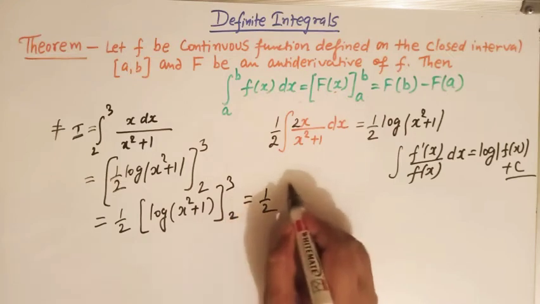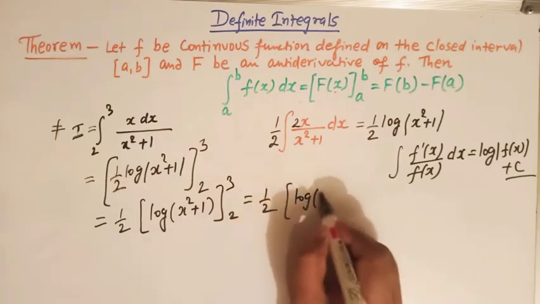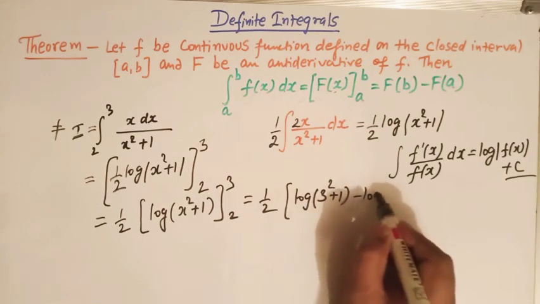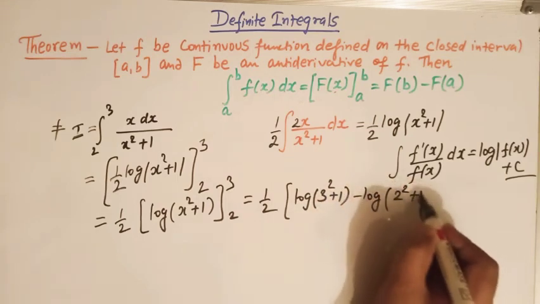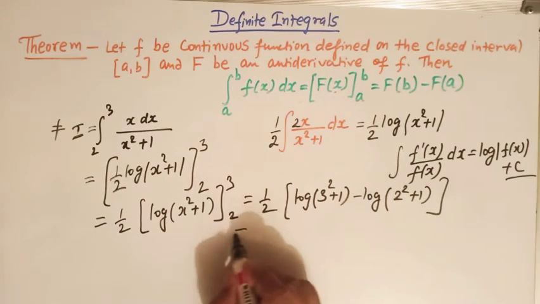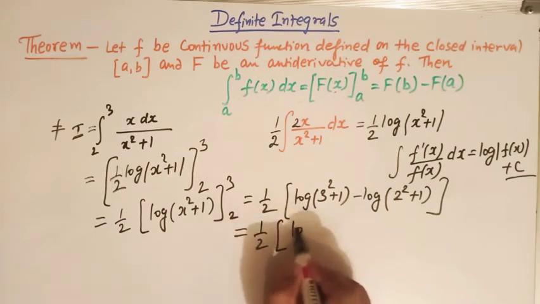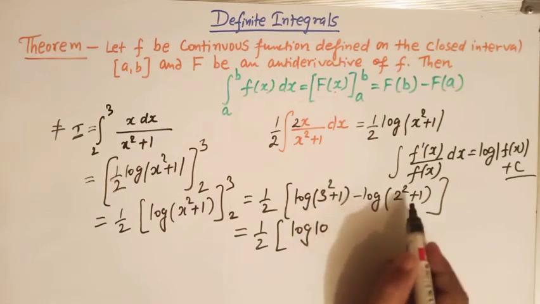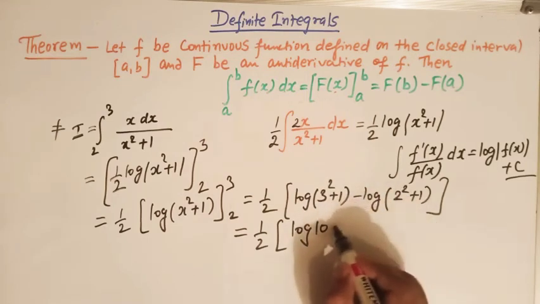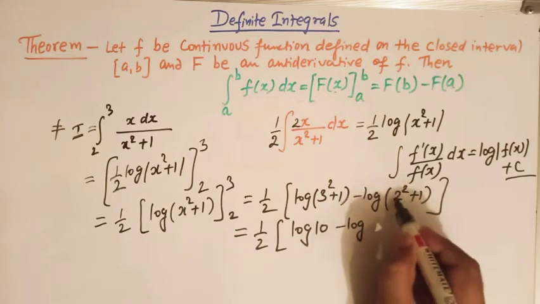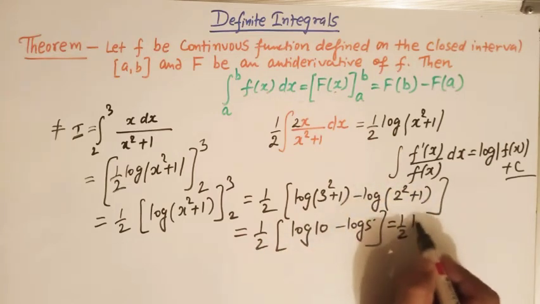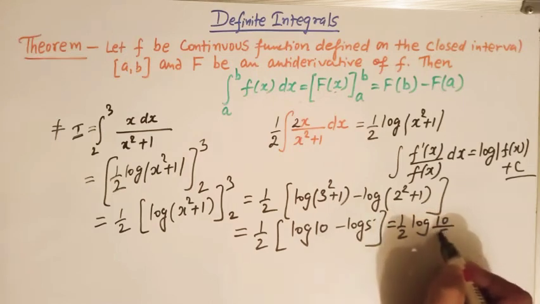So we have half, this is log 3 square plus 1, and then we have minus log 2 square plus 1, right? So here this is half, and this is log 10, 3 square 9 plus 1 10, 2 square 4 plus 1 5, and now we write it as log 10 by 5.